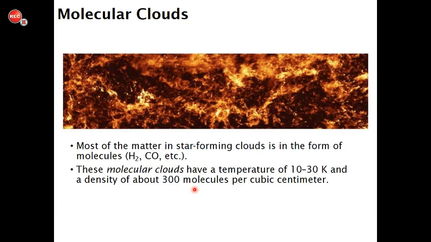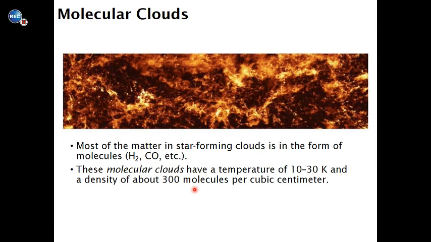So most of the matter is fairly cool. Individual groups of atoms that are very low density would be like 3 to 10 Kelvin. But these higher density bits of star-forming clouds are going to be molecules at about 10 to 30 Kelvin. It's typically going to be very simple molecules. Hydrogen and helium tend to just be lone atoms.